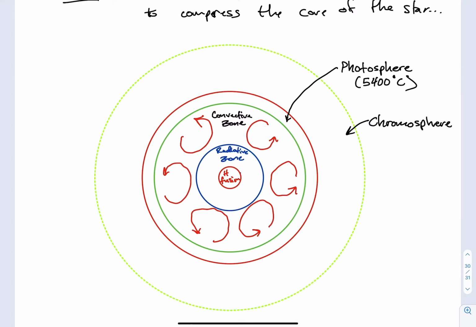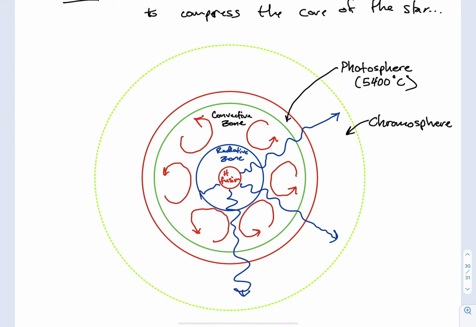That excess energy comes in the form of gamma rays, and those gamma rays are making their way out of the radiative zone, out of the convective zone, and eventually into interstellar space, or really, our solar system space. We could note that these represent gamma rays.